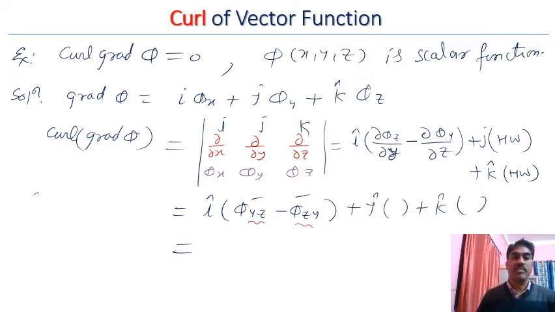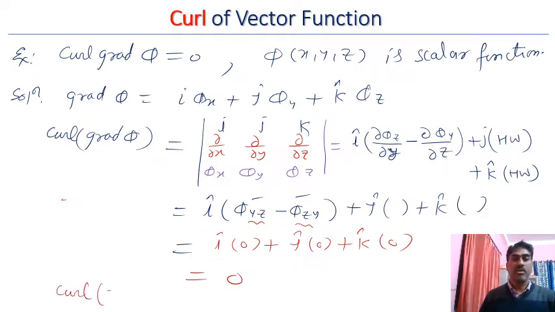Basically, what is phi_yz? Phi_yz is basically del 2 phi by del y del z, and similarly phi_zy. So these are equal and therefore cancel out each other, and we finally get i 0 plus j 0 plus k 0, and that is a zero vector. So what we obtained is curl of grad phi is always 0.